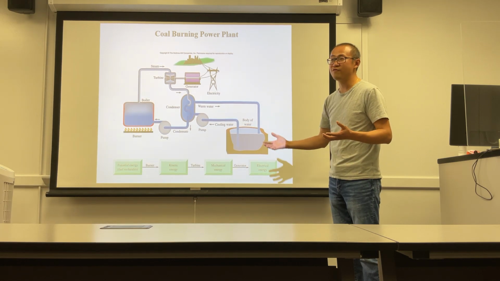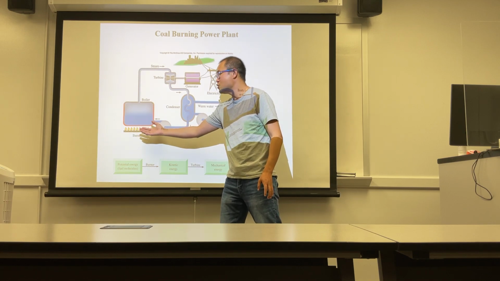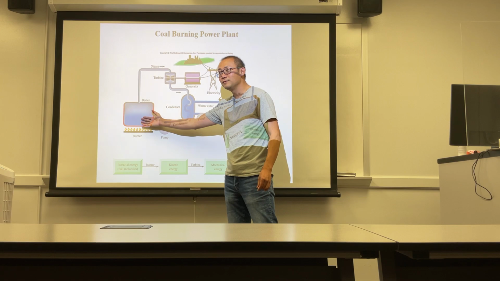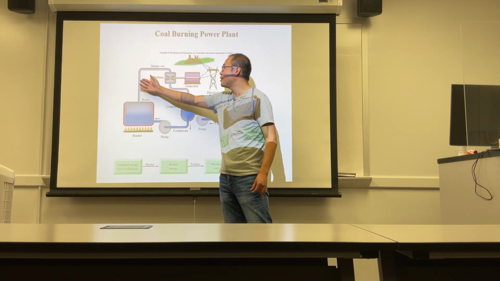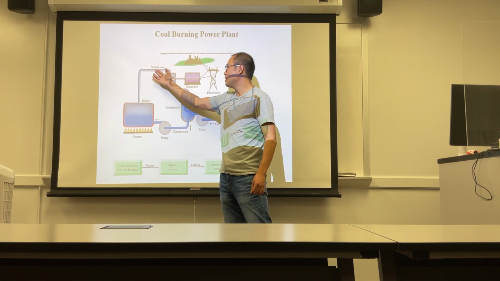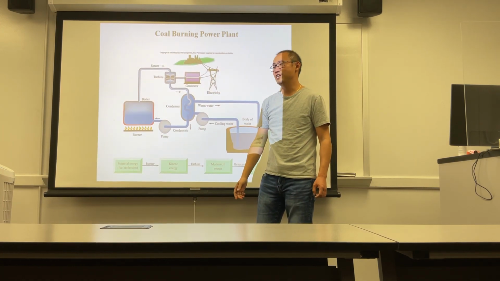How do we use the energy from coal? We burn it and use the heat from the coal to boil water, right? To convert water into high temperature, high pressure steam. And then the steam turns the turbine and generates electricity.